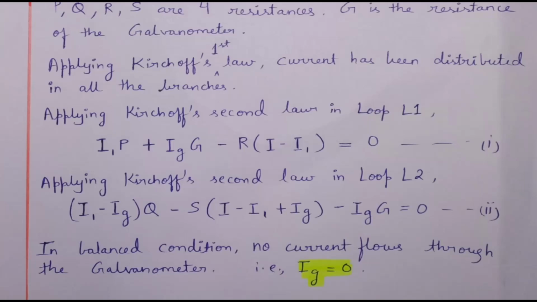And as we had discussed, in balanced condition, no current flows through the galvanometer. That is, Ig is equal to 0. So let us put that in both of these equations.